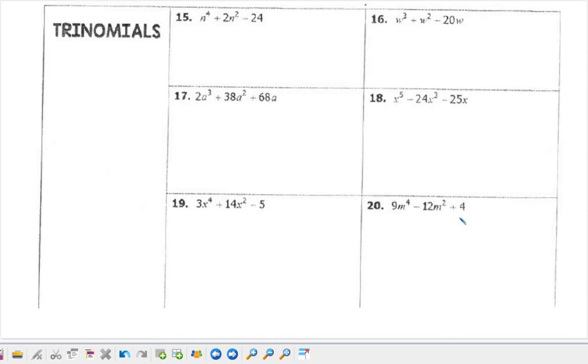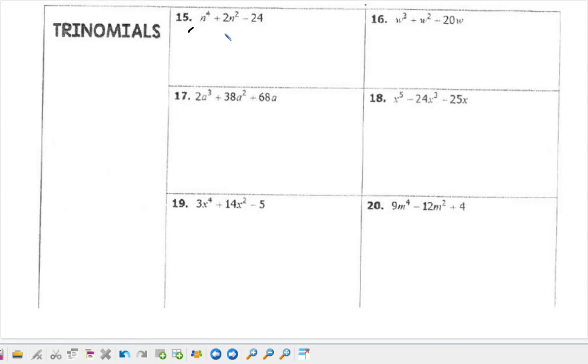So trinomials are something that we've done before, but we're going to introduce a little bit of a different problem. It's a quadratic type problem. And if you look at number 15, you'll understand what I'm saying. It looks like a quadratic trinomial. The only difference is instead of n squared and n, we have n to the fourth and n squared.